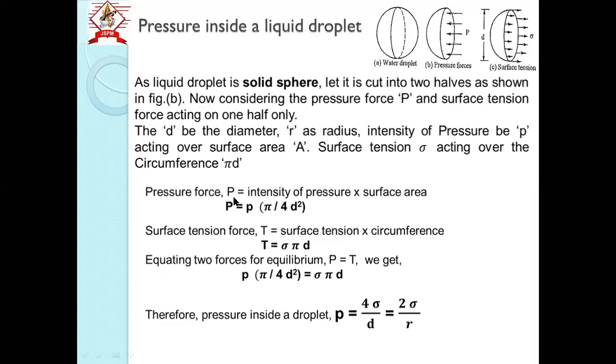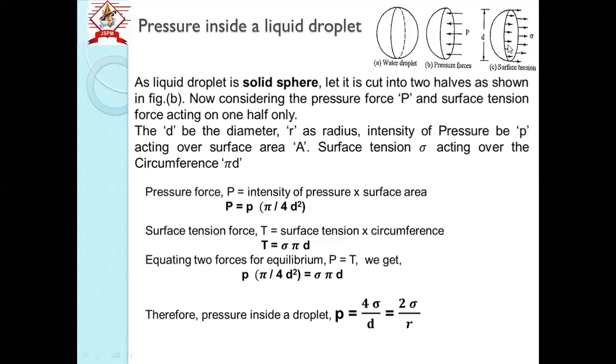So where is pressure acting? Pressure is acting on this surface area. So what will be the pressure force? It is pressure intensity multiplied by surface area. So this capital P is equal to small p, that is intensity, multiplied by surface area, that is pi by 4 d square, right? Then surface tension force.